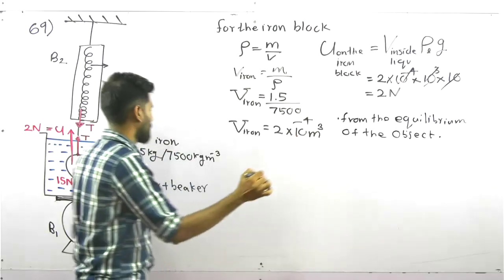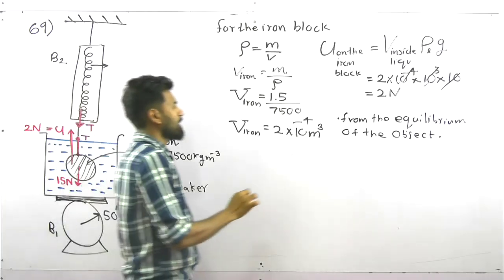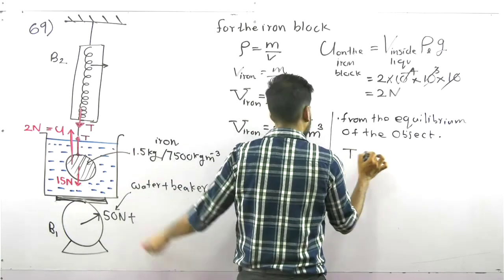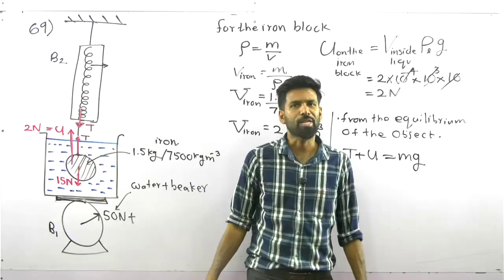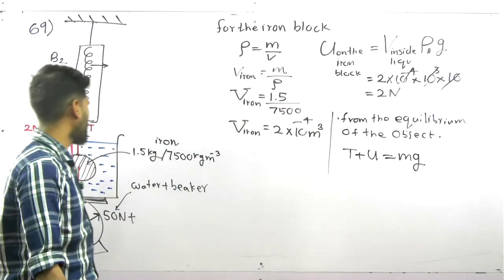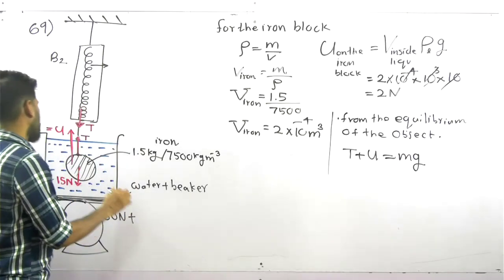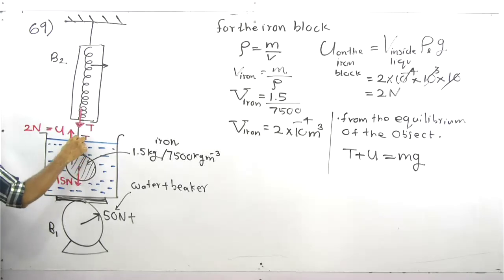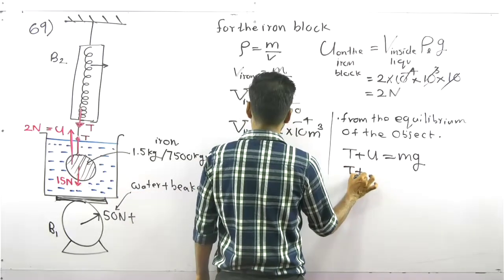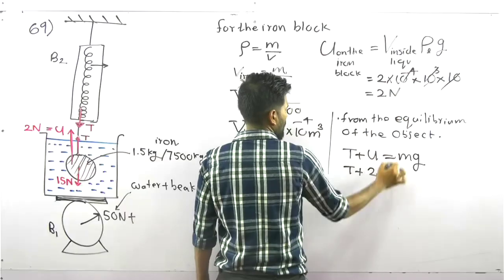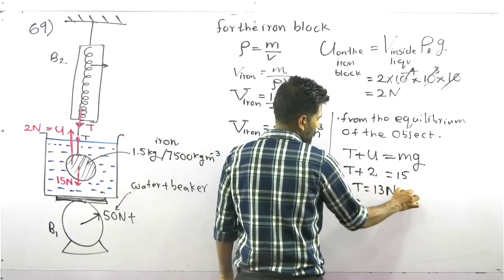From the equilibrium of the object, upward tension T plus upthrust U is balanced by the weight mg. T plus U is equal to mg. T plus upthrust 2 is equal to weight 15. So the tension is equal to 13 newtons.